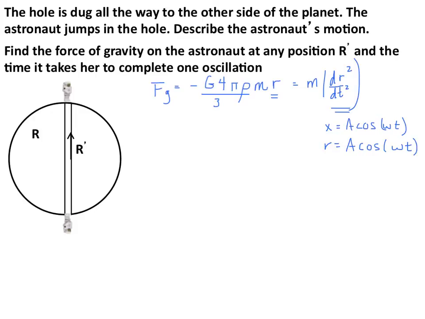We can make this substitution and say that this whole mess times A cosine omega t equals the second derivative of this equation. Again, I'm going to cancel out my m's here, and we're left with negative omega squared A cosine omega t.